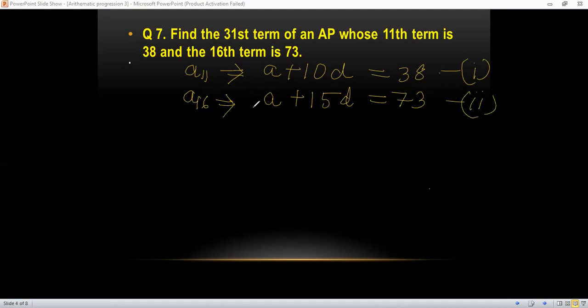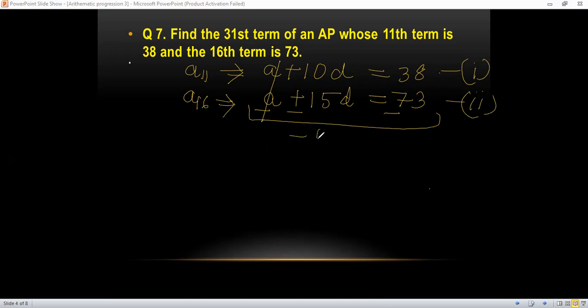Now from here we can find D and A. What we can do, change the sign of the values. As you know, both are in plus sign, so we can change them to negative sign. Here the value will get changed, and here also. Now subtract both the equations.